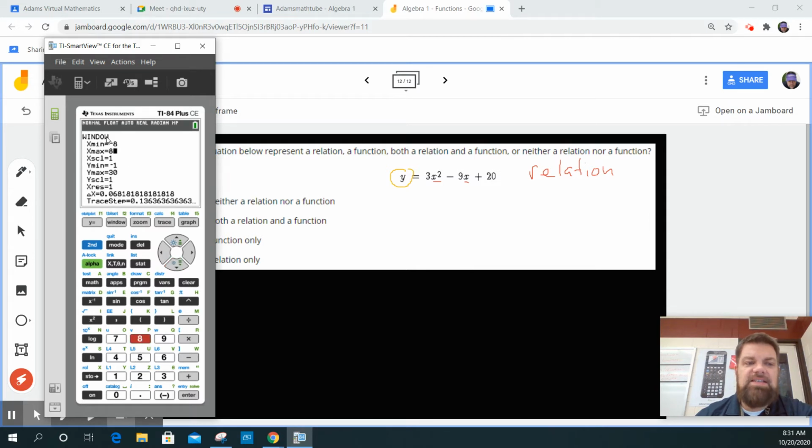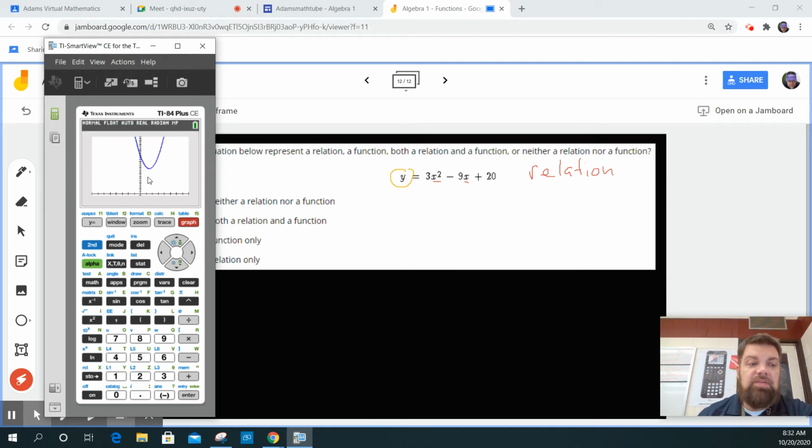So all this does is set up the graph. In other words, my graph is going to have x values from negative 8 to 8, and then for my y values, my range on the graph, what I see on the calculator, is going to go from negative 1 to 30. So now when I hit graph, I see this is the graph of the function.